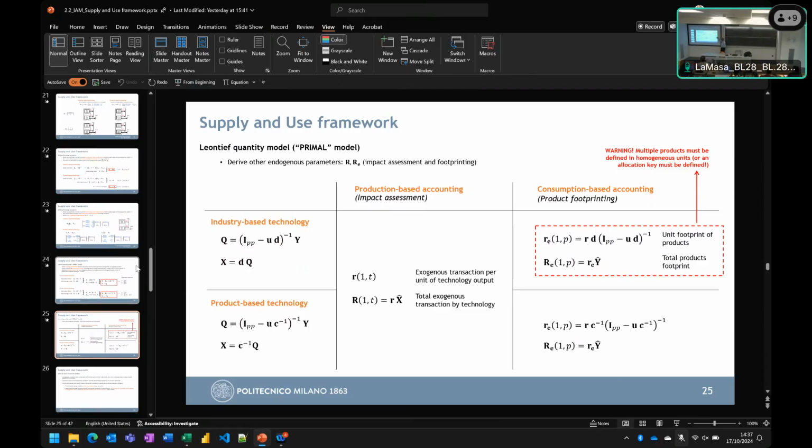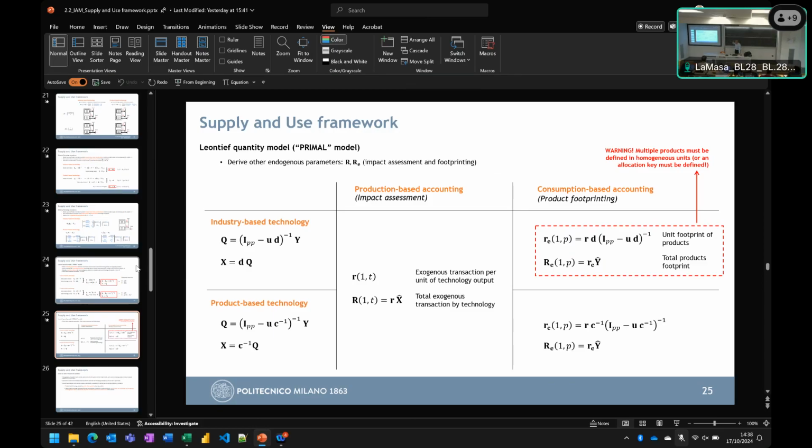While for the consumption-based accounting, there are some differences. Why? Because we need to directly invoke the Leontief inverse matrix. So we have the Leontief inverse calculated based on an industry technology assumption, and then the other with the product technology. We notice that there are some differences in the way we are writing the equations here, because here we have a problem of allocation.